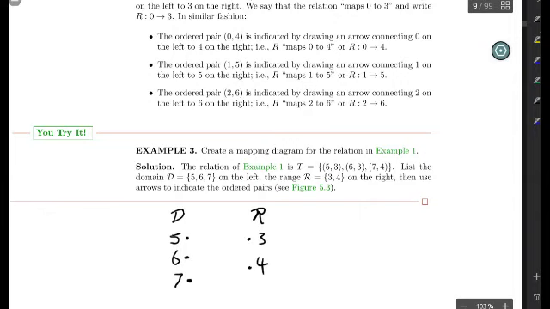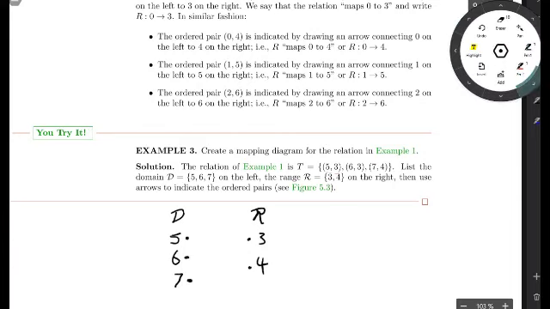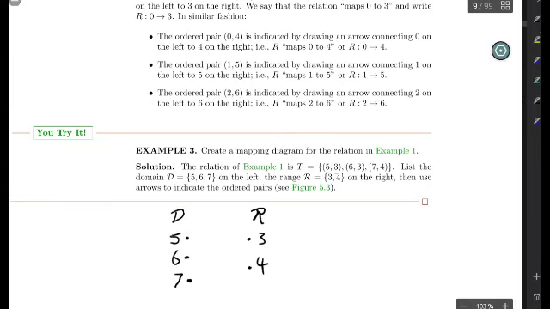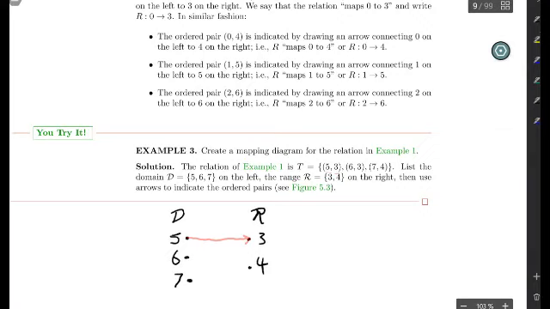So here we have 5, 3. Make that a little bigger. So 5 maps to 3, like so. And 6 maps to 3.